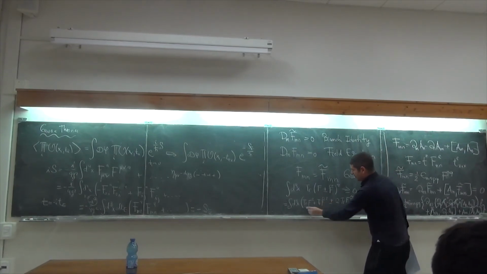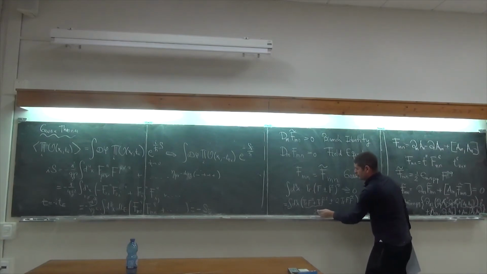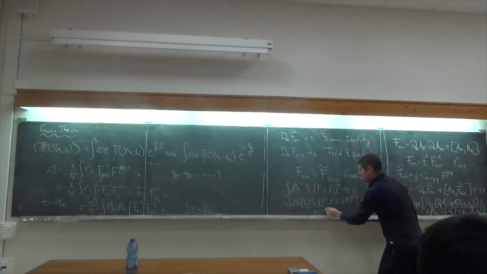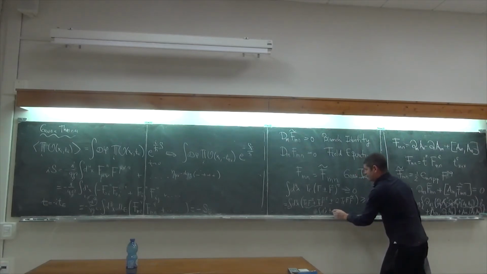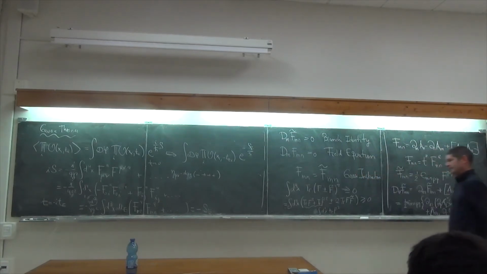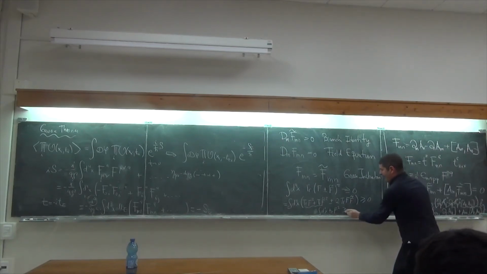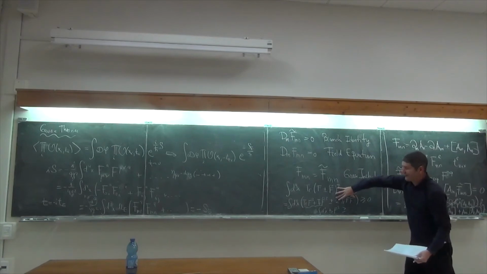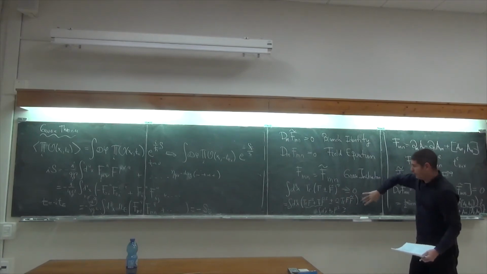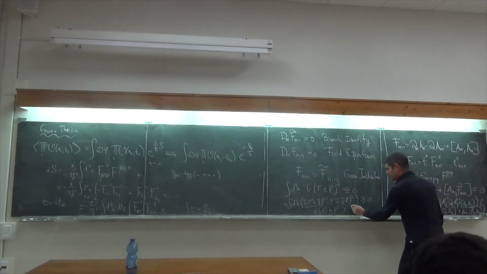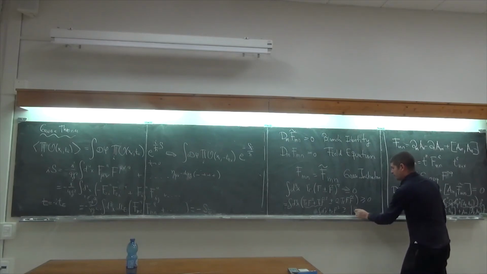Therefore, all this is simply 2. Therefore, I get from here that the integral of d4x trace of F squared is bigger than or equal to this quantity here, with a plus or minus, let's say the modulus of it.